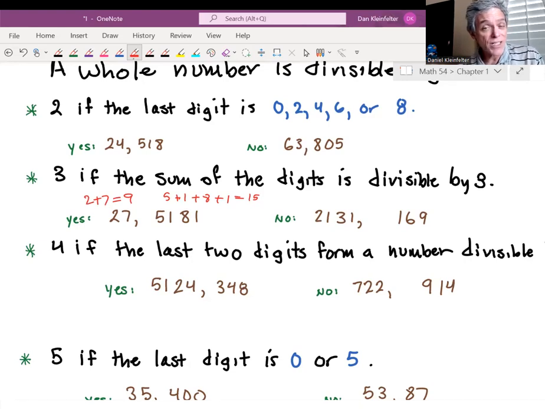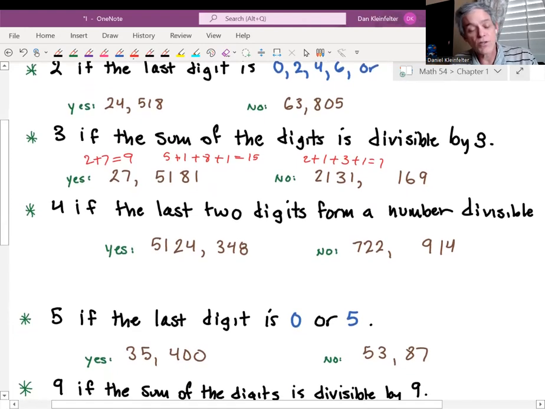If the sum of the digits doesn't give you a number divisible by 3, then your original number is also not divisible by 3. 2,131: 2 plus 1 plus 3 plus 1 is going to be 7, not divisible by 3. So 2,131 will not be divisible by 3. 169, I'll leave it to you to check that one is also not divisible by 3.